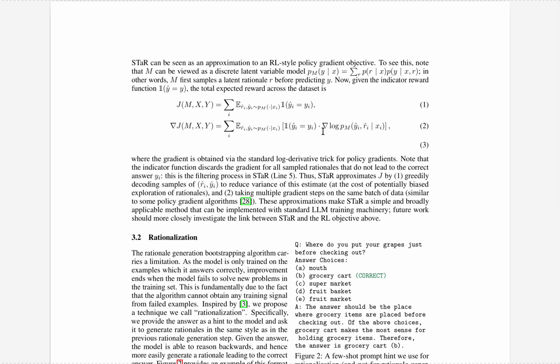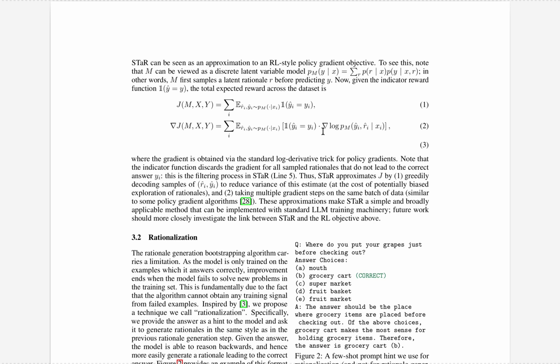STaR can be seen as an approximation to a reinforcement learning style policy gradient objective. To see this, note that M can be viewed as a discrete latent variable model. In other words, M first samples the latent rationale before predicting the answer.